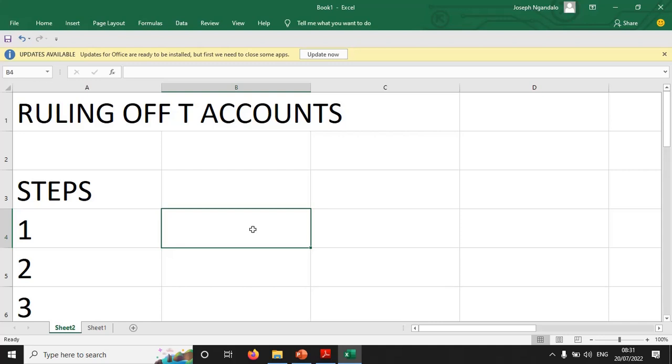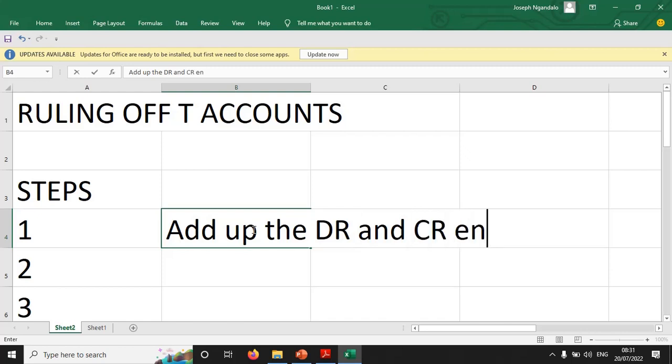So the first step, you have to add up the debit and credit entries. Sum them up. I could have used that word, but maybe add is better. So please, you can do something there.